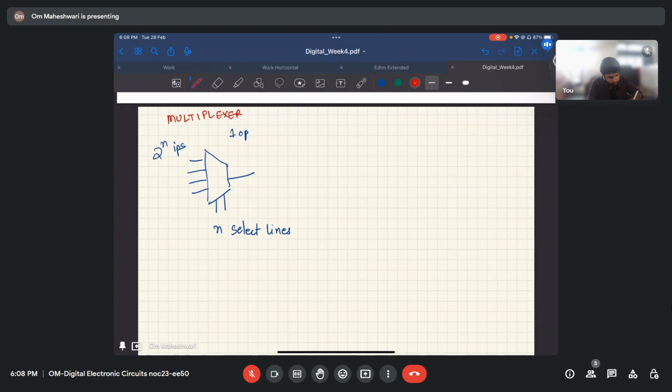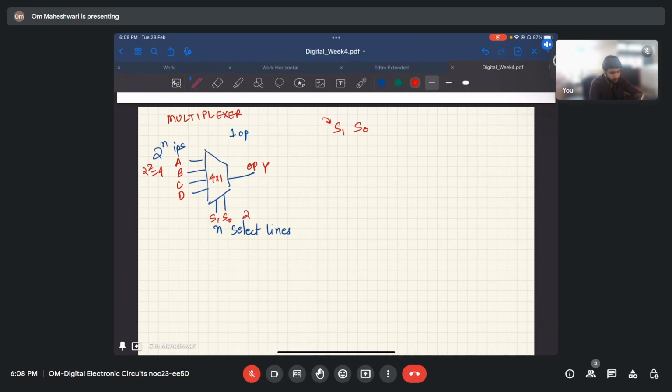And for this one, there are two select lines, 2 to the power 2 equals 4 inputs and one output. So we call it, let's say, S1, S0, and let's say A, B, C, and D. This is output Y. We call it 4 cross 1 mux because there are 4 inputs and one output. So how it works is, we draw a truth table as S1 as 0.